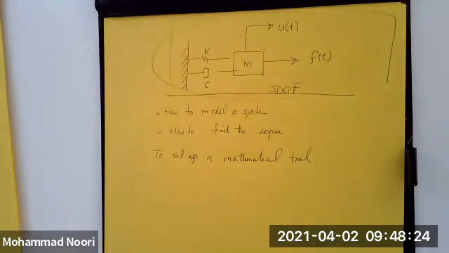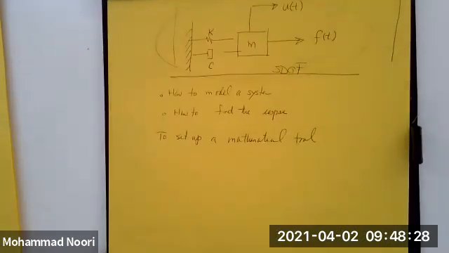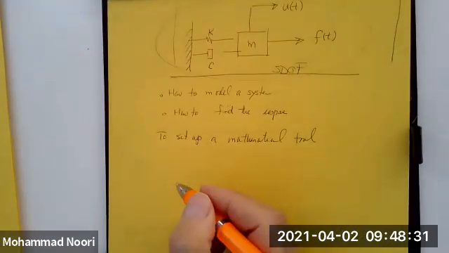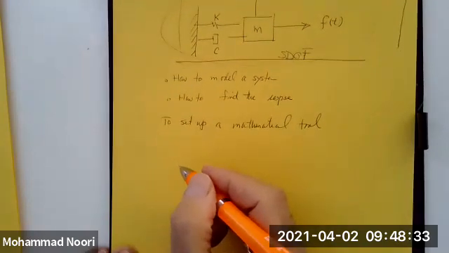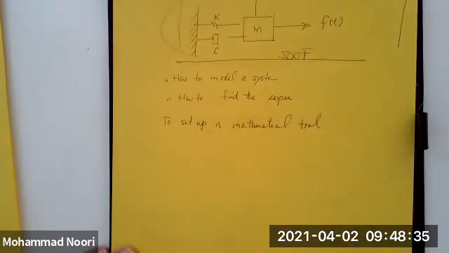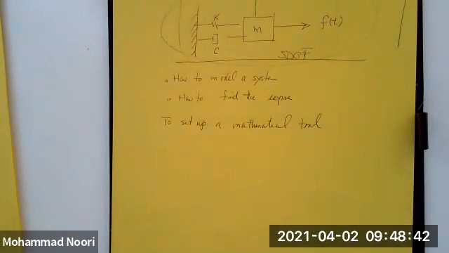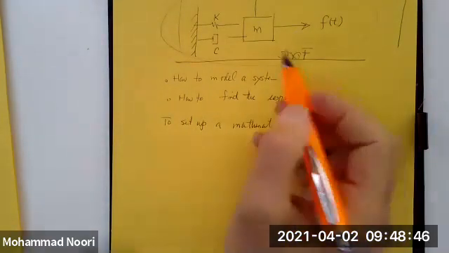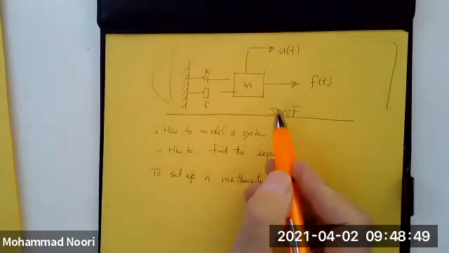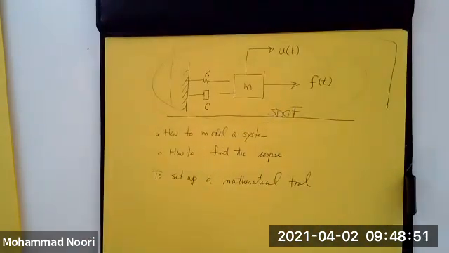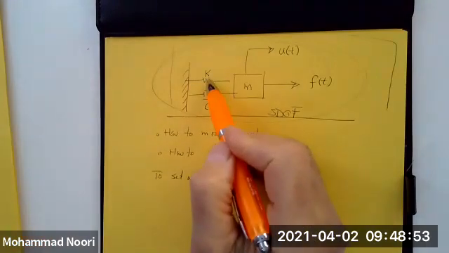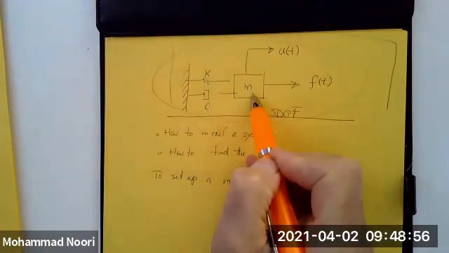We need to use, as I said before, the second law of mechanics. And the way we do that, we have seen, is by looking at our system and setting up its free body diagram. This is our vibratory system. Let me re-emphasize. We do not know first what this means, and this means.